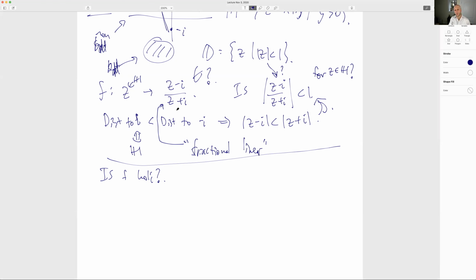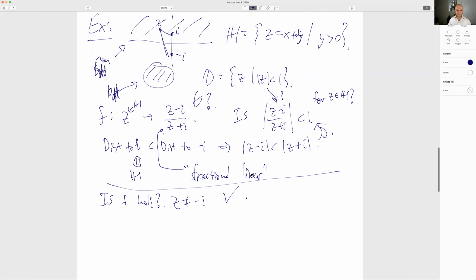So is it holomorphic? Well, where does the denominator vanish? At negative i. If this has a pole at negative i, that is not in the domain, and so yes, holomorphic. Is it bijective?